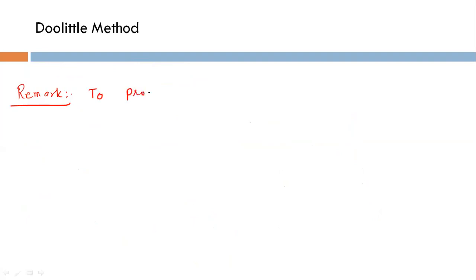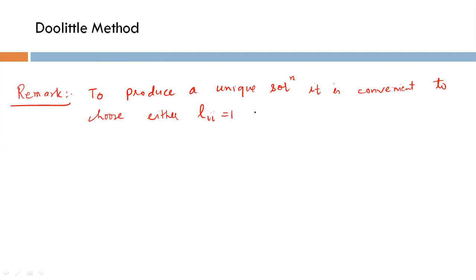To produce a unique solution, we are interested in unique solution in this case only, it is convenient to choose either Lii equal to 1 or Uii equal to 1 for i equal to 1 to n.